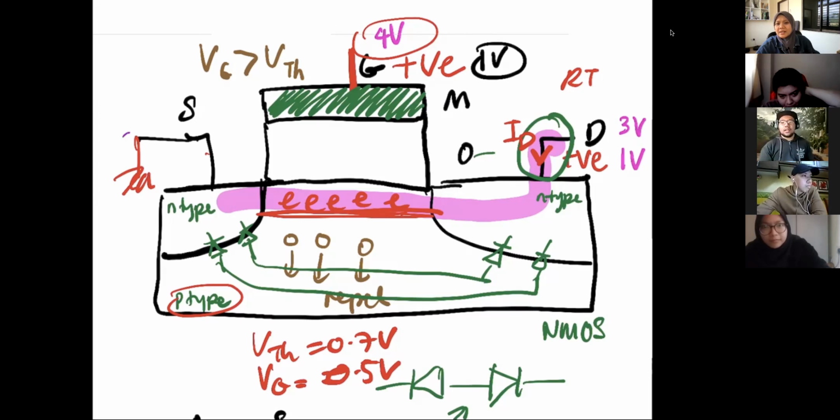The inversion layer. Because we are only changing the voltage in the drain, we do not change the gate voltage, so the thickness of the inversion layer does not change.